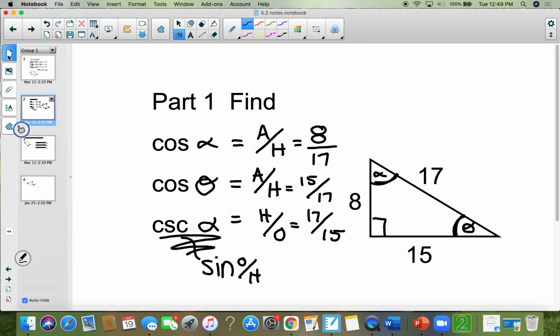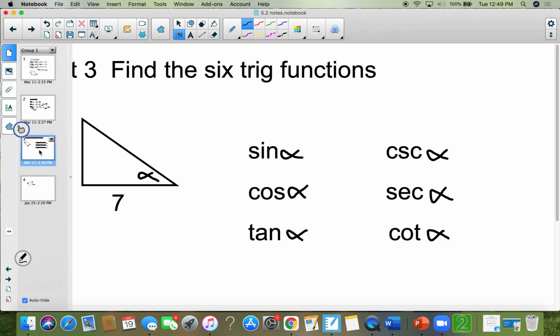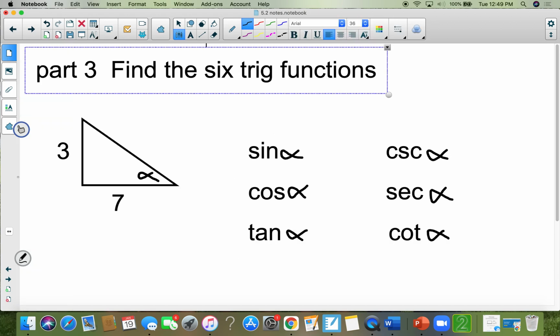Okay, next part. Now comes what you actually are going to be doing on your worksheet today. Instead of doing all 6 of them, though, they might only ask you one of these to do for this problem. But before you could even start this problem, you have to do a squared plus b squared equals c squared to find the missing side.